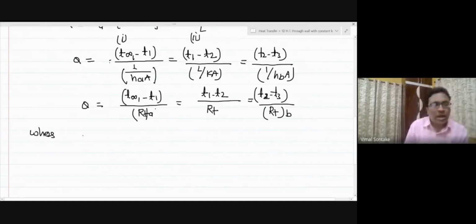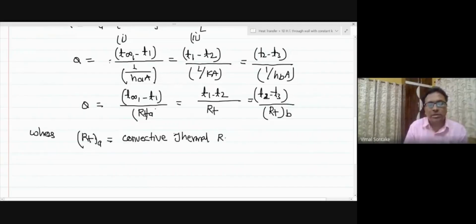R_TA is the convective thermal resistance because it is offered by the fluid film to the path of the heat transfer. So the convective thermal resistance is equal to 1 over hA into A, Kelvin per watt.